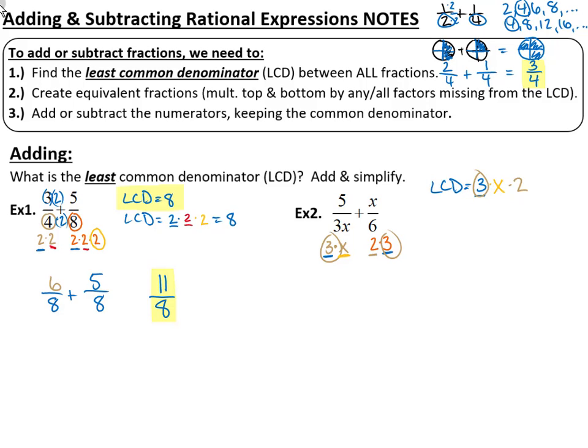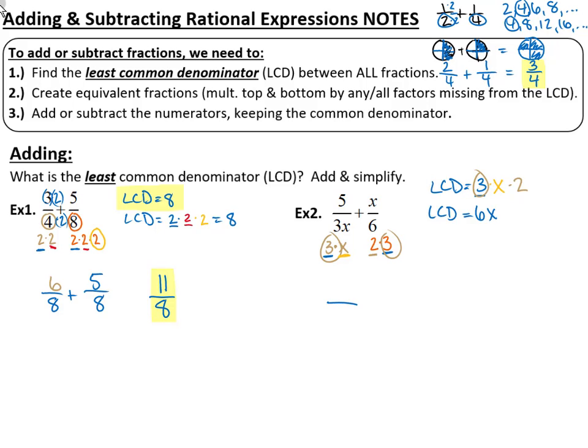In other words, we can't just get rid of any factors. We just don't want to list repeated factors more than is necessary, right? We only wanted one 3 in here rather than 2 of them. All right, so our least common denominator, if we multiply those back together, 3 times x times 2 is 6x. There is our least common denominator.